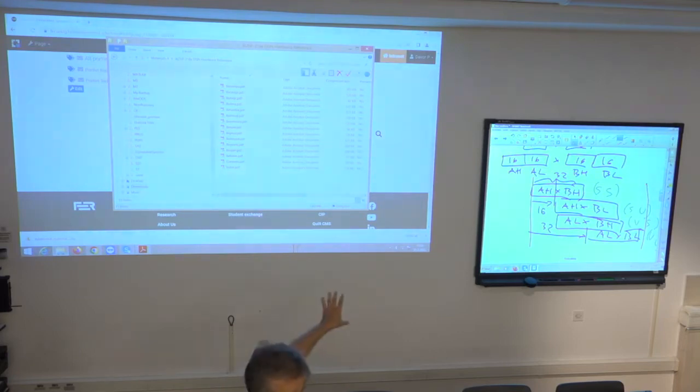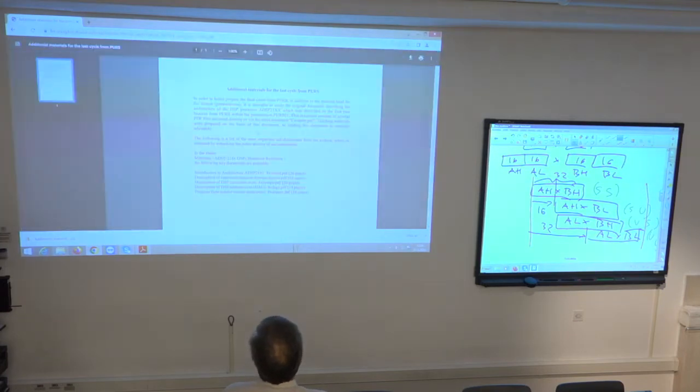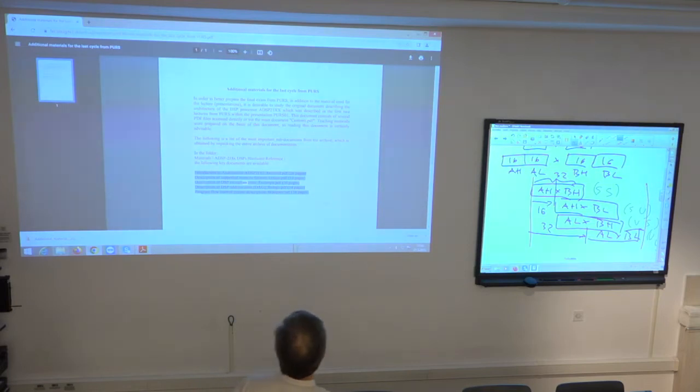But out of those, I have written which are the most important, which you should read. And this is written here, description of additional materials for the last cycle from embedded system design. So these are the documents that you should focus on. And it is what I'm describing in the lectures. So you have the textual description of all of this that I'm describing.